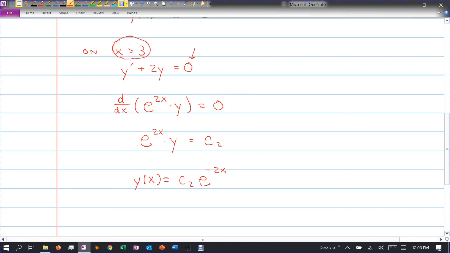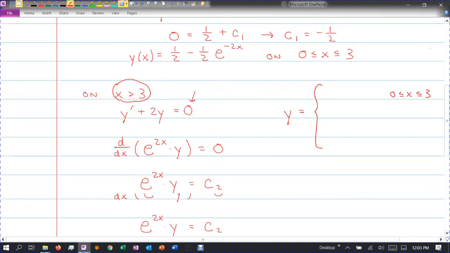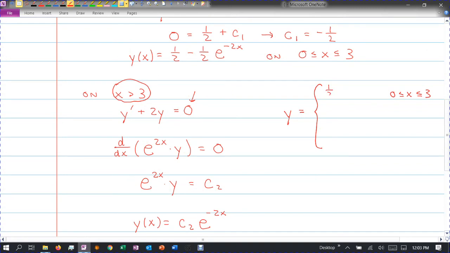So what we have right now is a function. We're trying to come up with an overall function, which we can call y. Right now what we know is this: on the interval 0 to 3, it's 1/2 minus 1/2 e to the negative 2x.